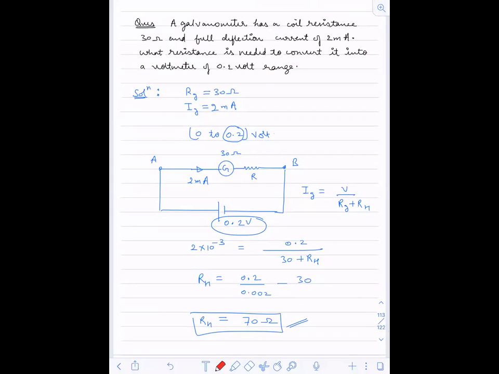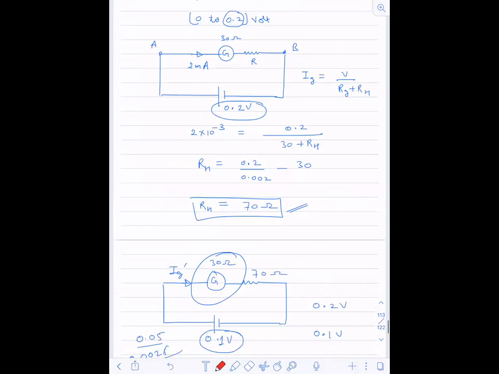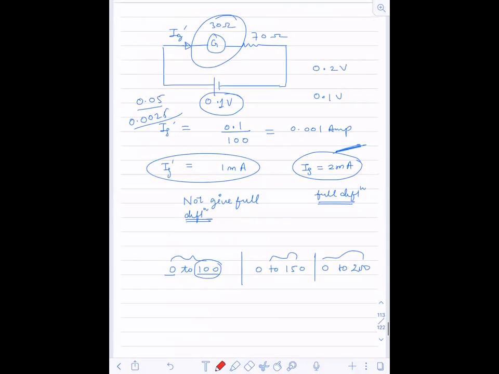Voltmeter B. What actually are you asking? I can't understand. Voltmeter B means what? This is the question we have done today. This was a variation that we did in that question.